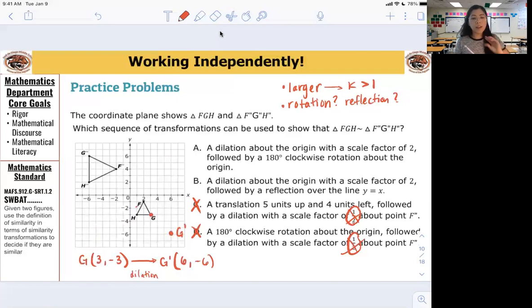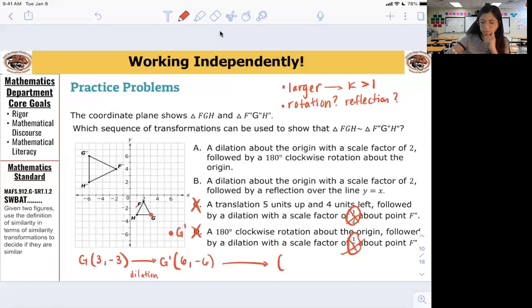Okay, and then I have two options. There was either a rotation of 180, or there was a reflection over y equals x. So let's take a look at, where does G prime actually end up? Where's G double prime?